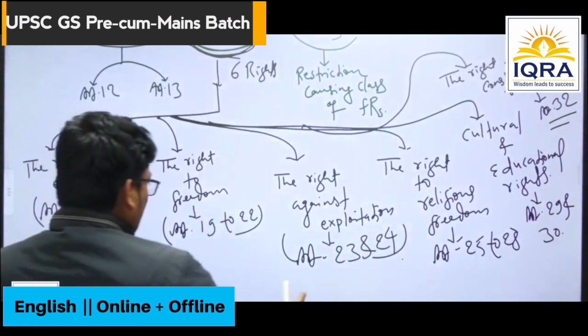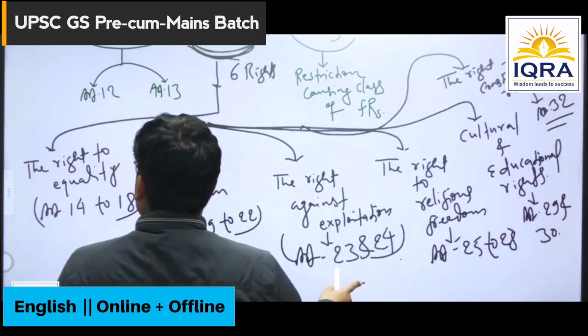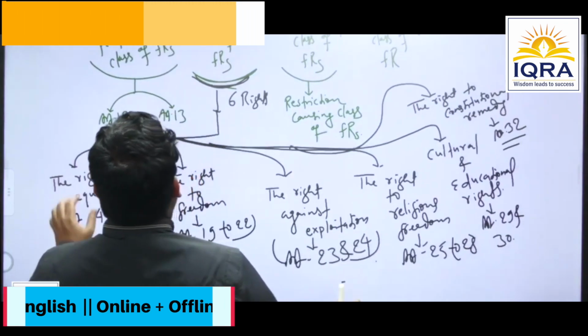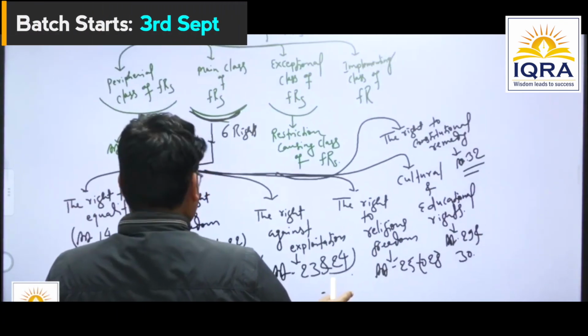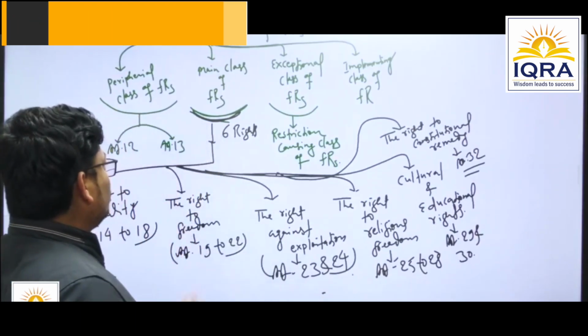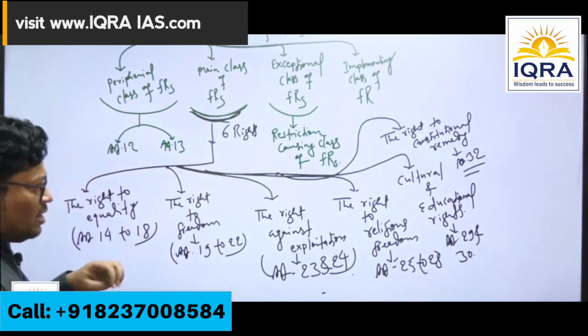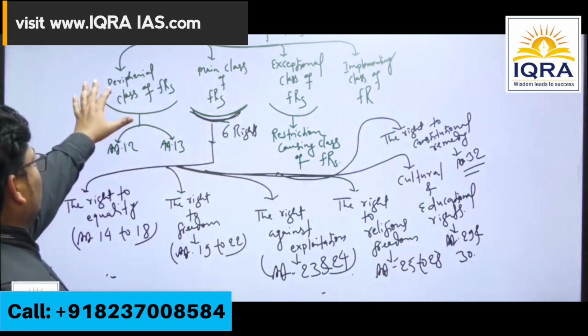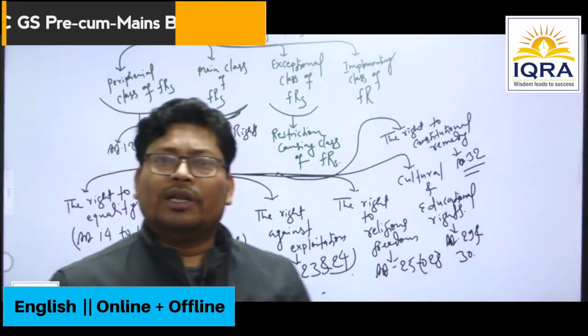The chapter on fundamental rights, mentioned under part 3 of the Constitution, has been discussed across articles 12 to 35. But all the constitutional provisions given under part 3 are not going to provide you fundamental rights. It is only the main class of fundamental rights which shall be treated as the individual's rights. Articles 12 and 13 under the peripheral class are not going to confer you any right.